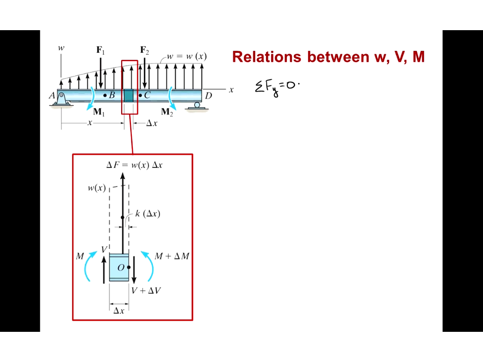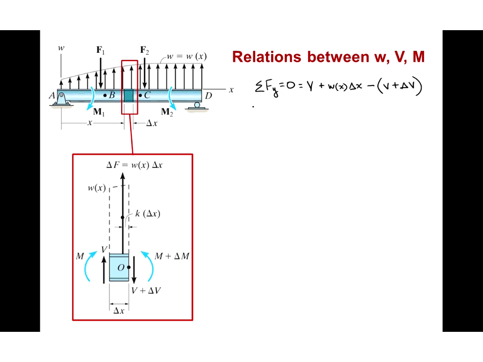If we do so, we have V pointed upward on the left, plus delta F, which we see is w of x times delta x, and then minus the downward force, V plus delta V. Distributing the negative sign, we have V minus V, so those cancel out, and we're left with a minus delta V in this term, w of x delta x.